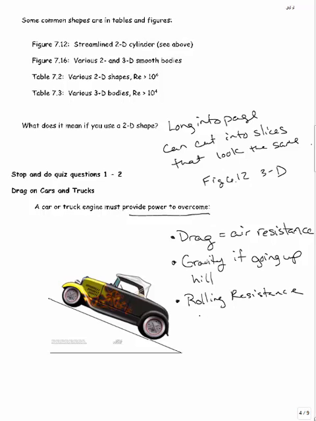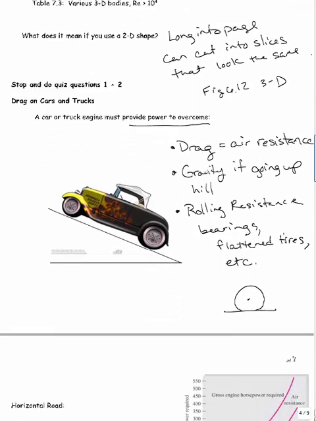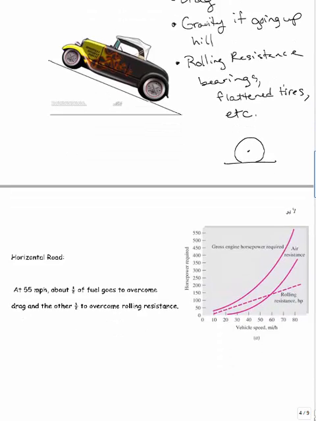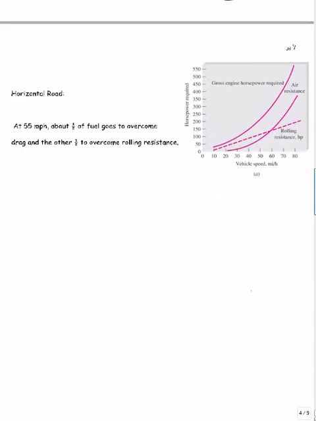That would be from your bearings, flattened tires, etc. Really anywhere that friction is going to be caused. So for instance, with flattened tires, you've got a bigger frictional surface area on the road, so that's going to cause higher rolling resistance.